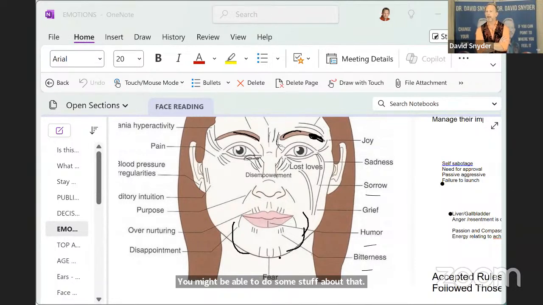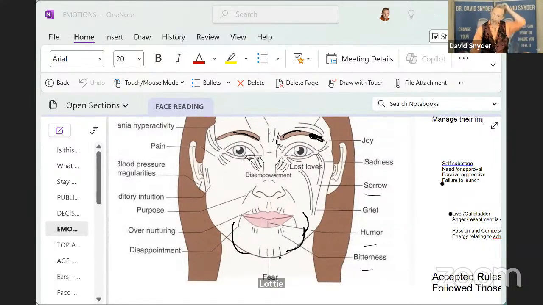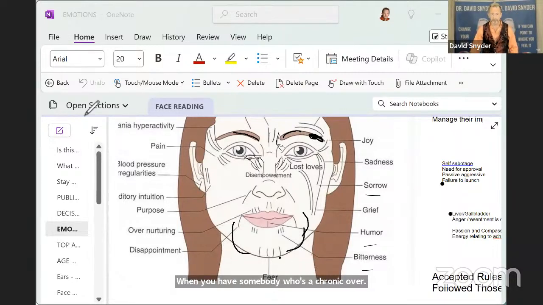Lottie says kind of overgiving people, I notice, have more lines. Yes. When you have somebody who's a chronic overgiver, you're going to see a lot of lines. Let me erase this really quick. The lines that show up are here.